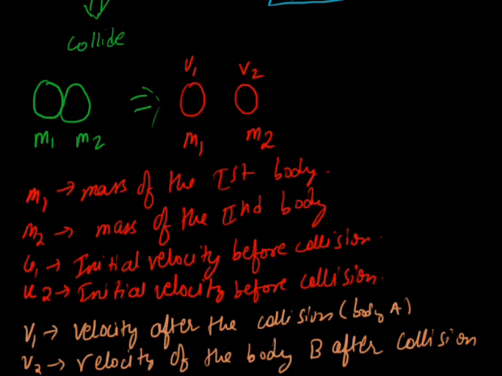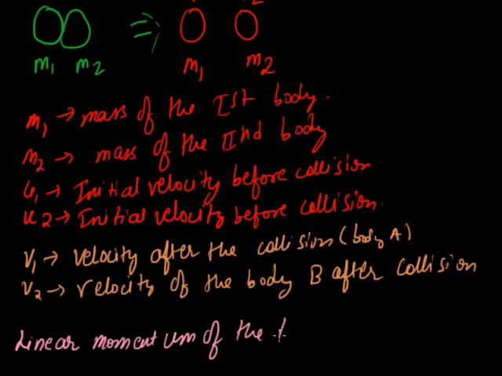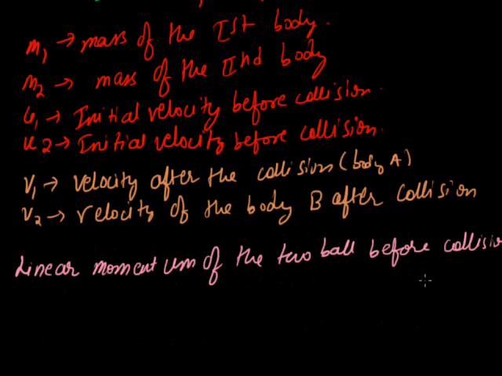The masses before the collision and after the collision are not changed. So what does it mean? So we can write the linear momentum of the two balls before collision. As I have defined, momentum is the product of mass and velocity.